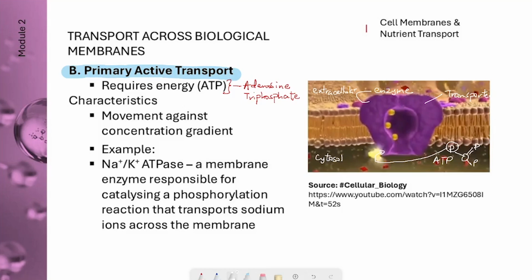The phosphate binds to the enzyme in the membrane, and through that process a catalysis reaction occurs. As the phosphate binds, a conformational change is induced.